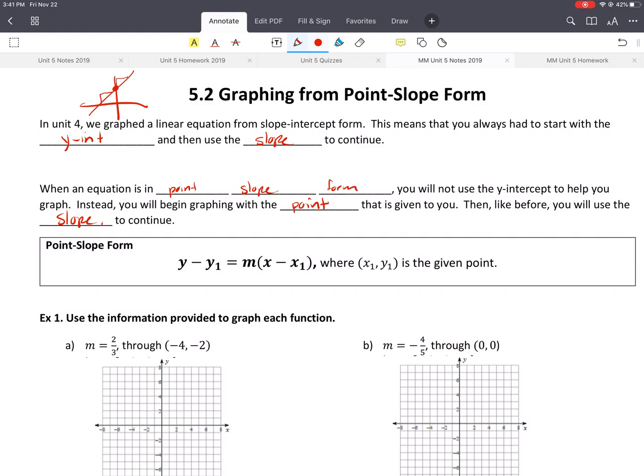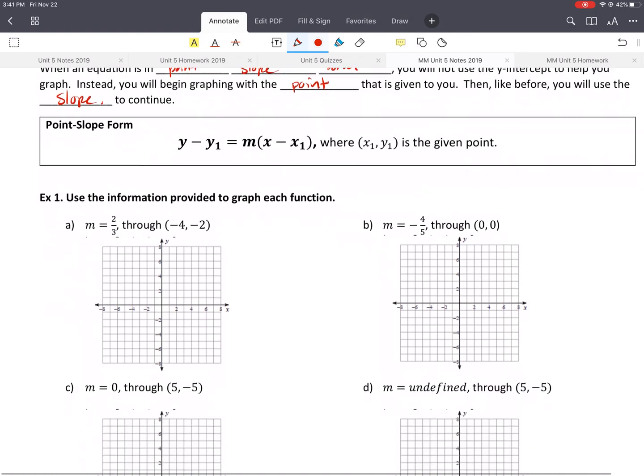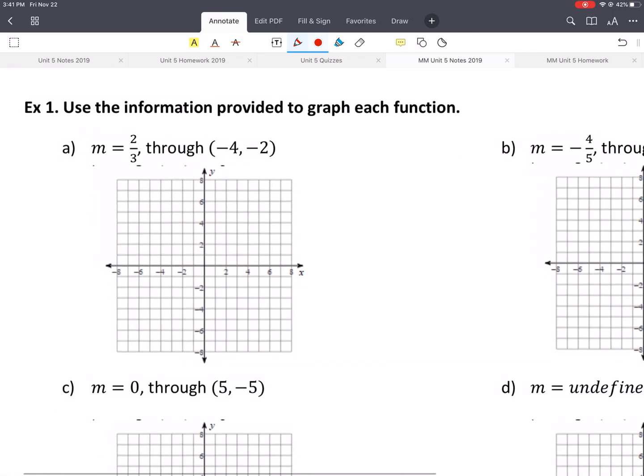But this time, in point slope form, we don't have the y-intercept, we have a point. So all you need to do is plot the point, and then use the slope, just like you did with slope intercept. The intercept is a point, and we're just using a different point to do our graph, right? So let's get right into that.